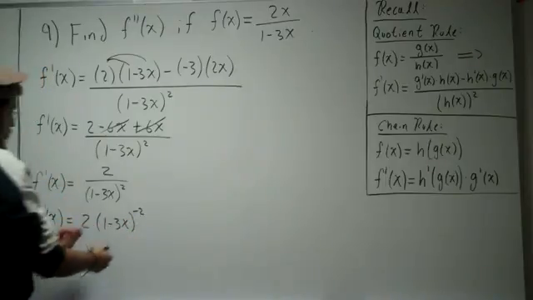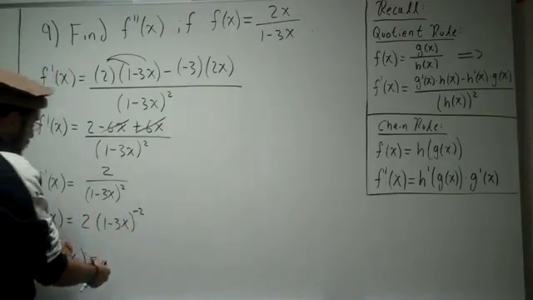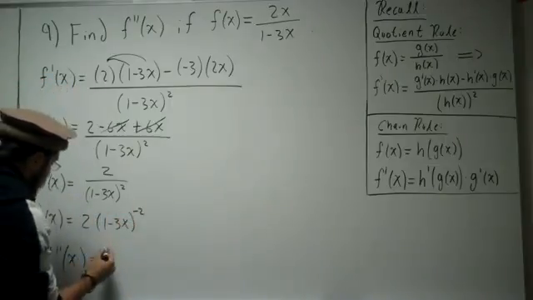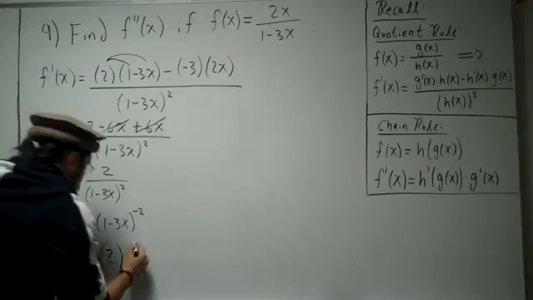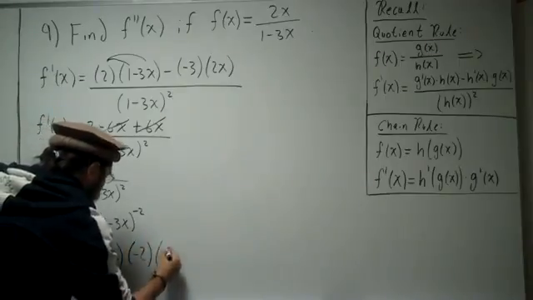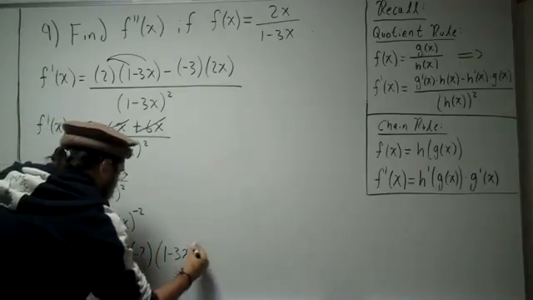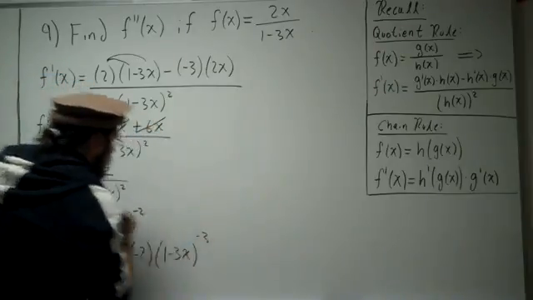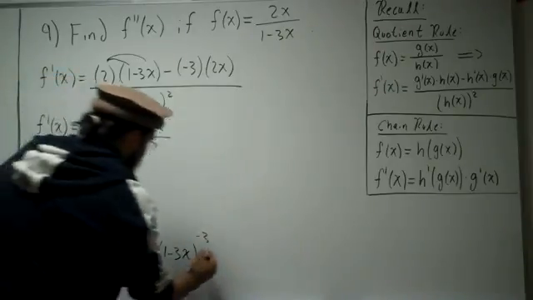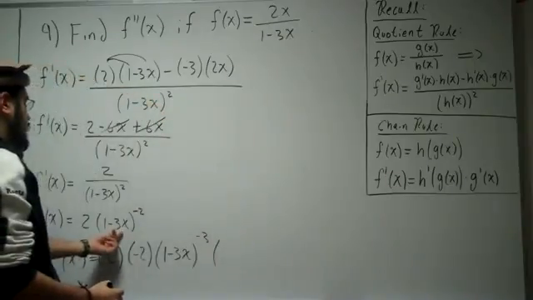The chain rule says take the derivative of the outer function. So we leave the 2 there, bring the negative 2 down, 1 minus 3x to the negative 2 minus 1, negative 3, times the derivative of the inside, which is just minus 3.